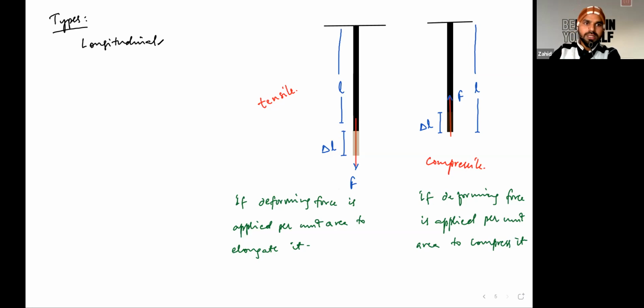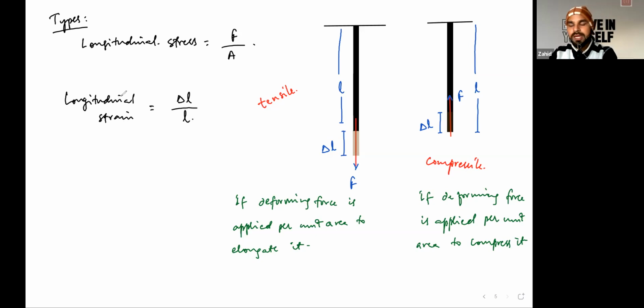So you'll say first, longitudinal stress equals force divided by area of cross section. Correspondingly, there is a change in length of that particular object, so it should be called longitudinal strain. So it will be delta L divided by L. Now if you divide these two terms, it defines the modulus of elasticity, and in this case it is called Young's modulus.